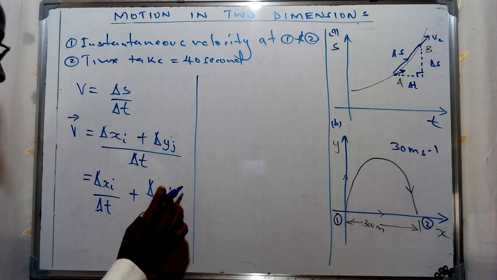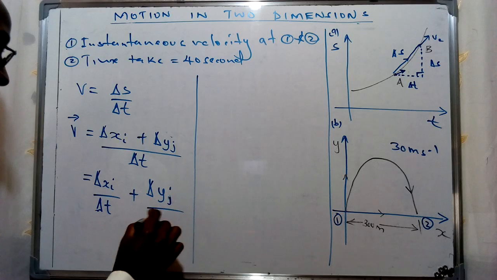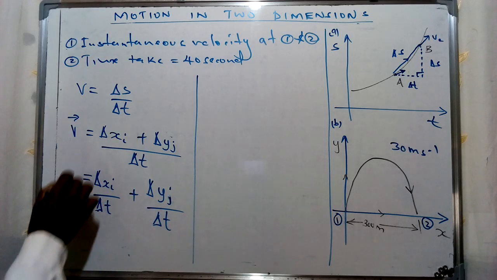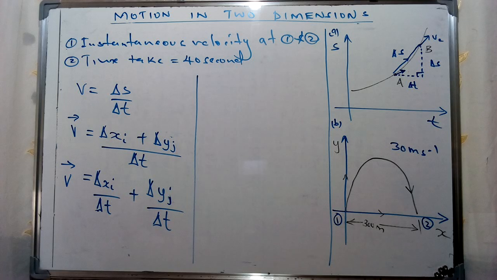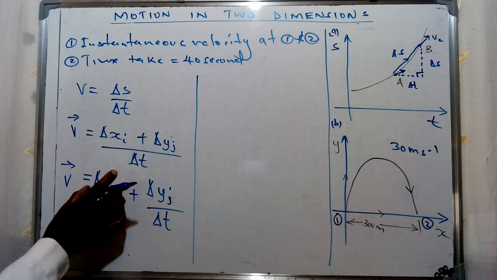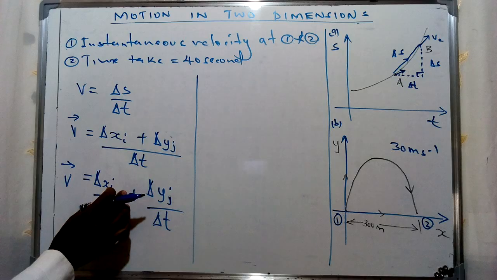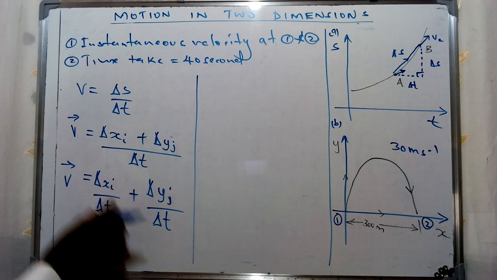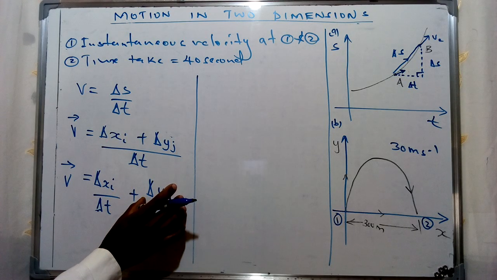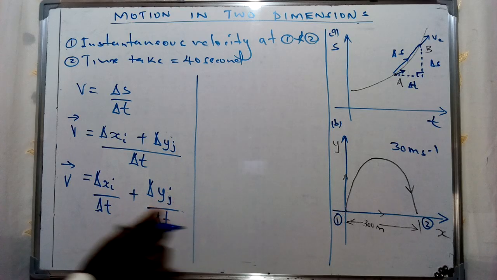Therefore, we have this one given in terms of this one and delta t, giving us this specific concept of velocity. Therefore, you can represent this velocity as delta x over delta t, which is going to represent the velocity component along the x direction, and the velocity component along the y direction is going to be given by using this second term.